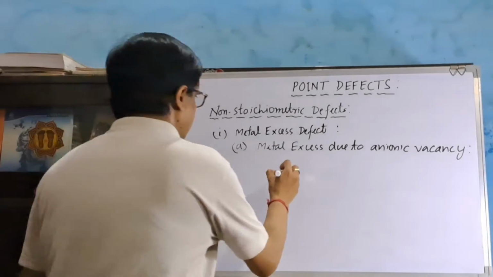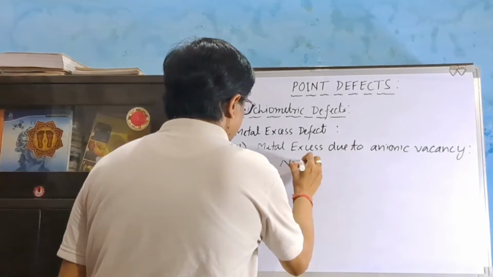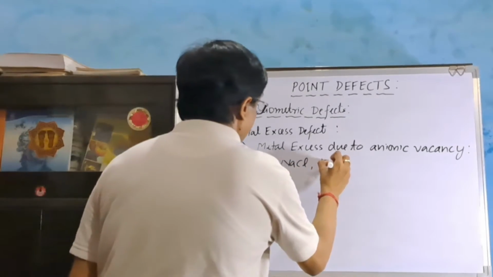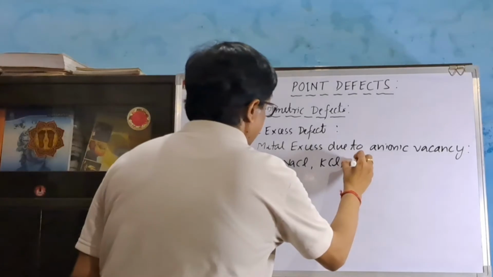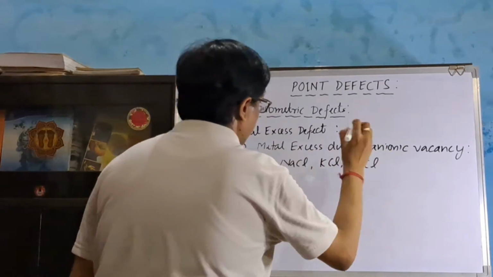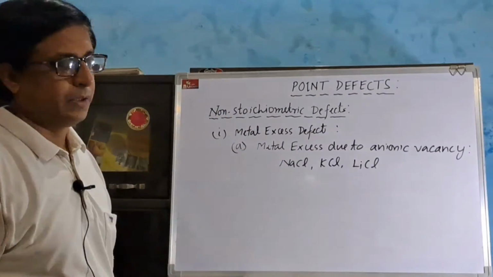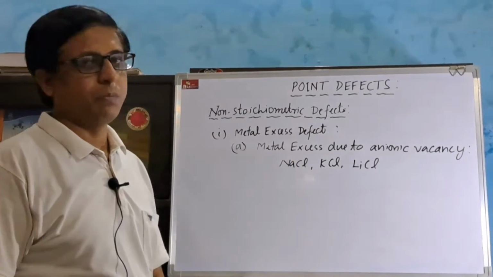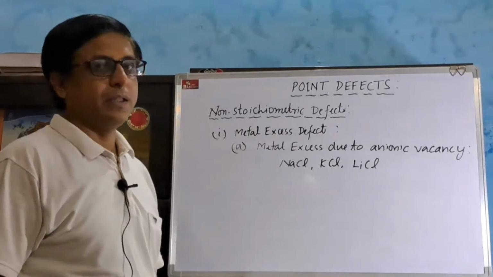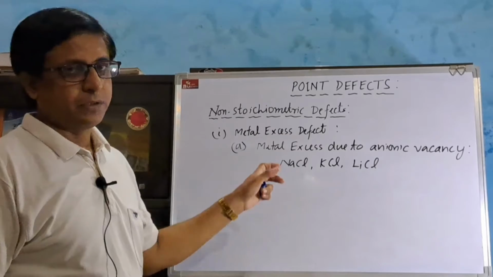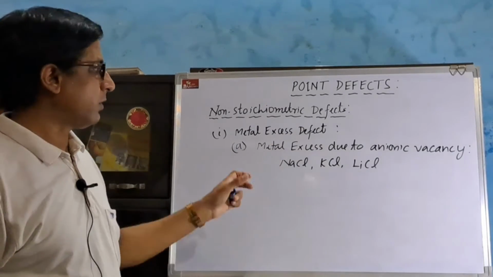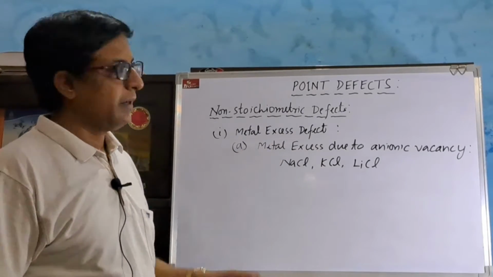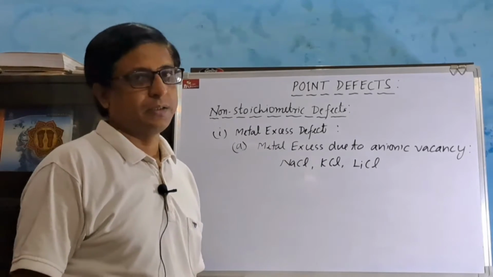For example, sodium chloride, potassium chloride, and lithium chloride show this type of defect. When sodium chloride is heated in the presence of vapors of sodium, the sodium chloride turns yellow.